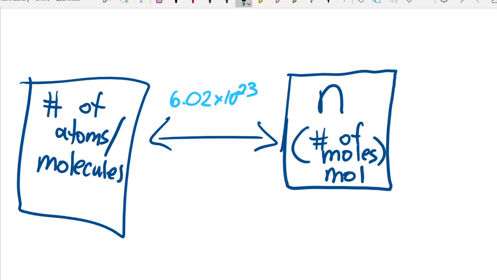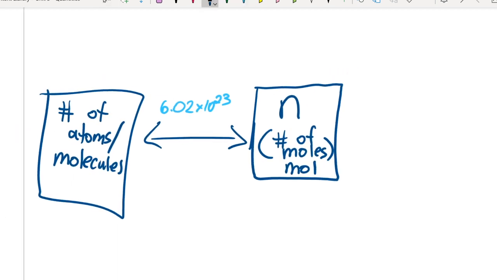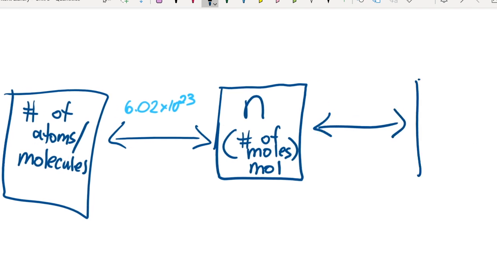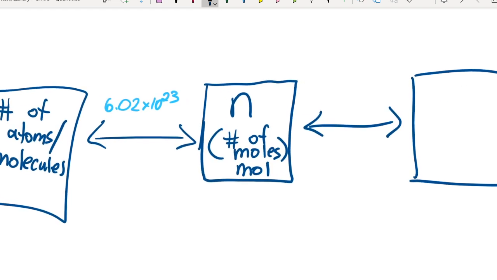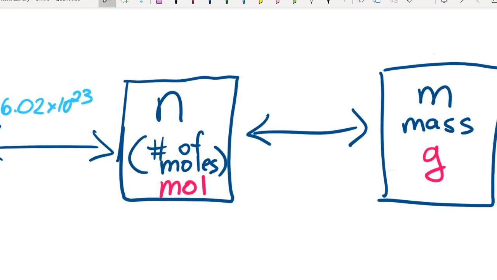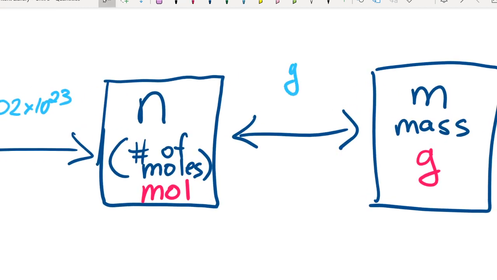But what we then learned a couple days after that is if I know how many moles of something I have, as long as I know what it is, I can figure out how much that should weigh. What does M stand for? It's mass. And what do we measure mass in? Grams, that's right. And what information do I need to know that? I just need to know how many grams are in a mole.